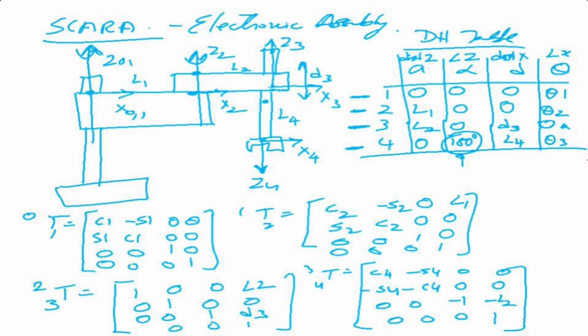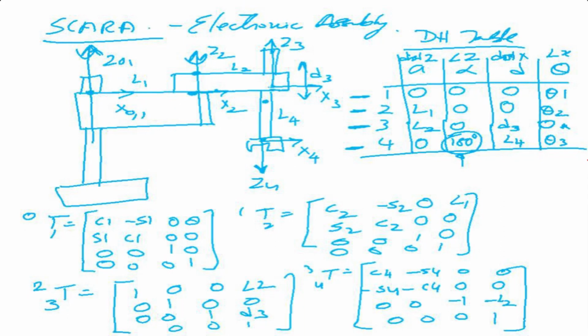So what we'll get is 1 0 0 L2, 0 1 0 0, 0 0 1 d3, and 0 0 0 1. So this is what we're getting for the third matrix. Please note that in the third row there is no theta, so the rotation part becomes an identity matrix.